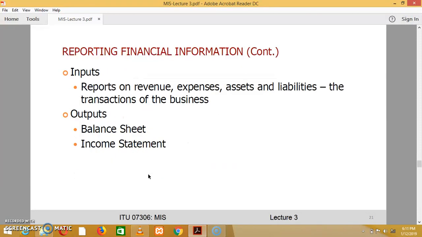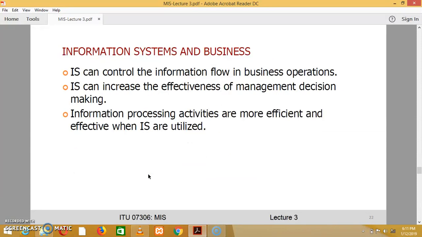You have to understand that in any business, information systems are used in controlling information during business operations. They also help in business management. Also they provide competitive advantages in any business that is conducted.